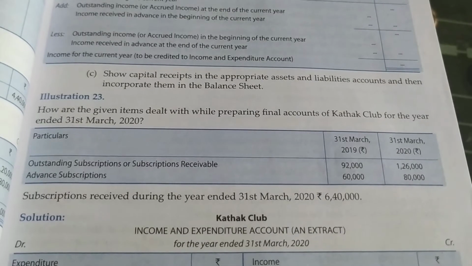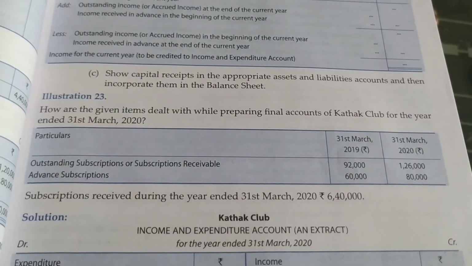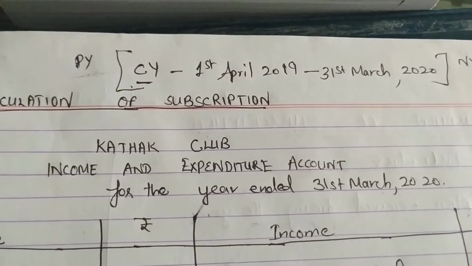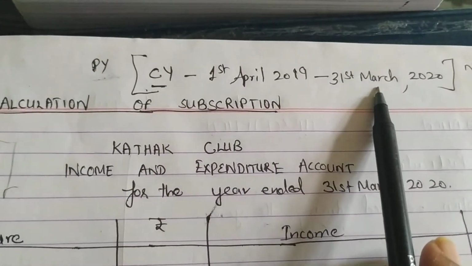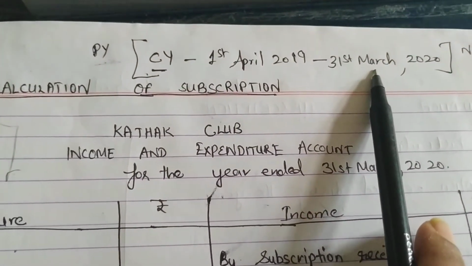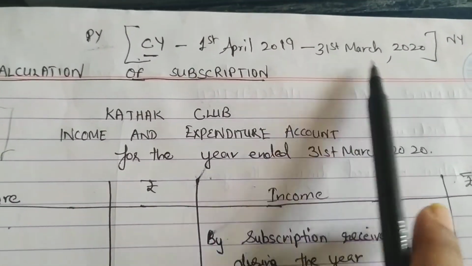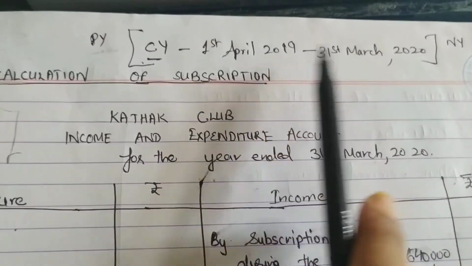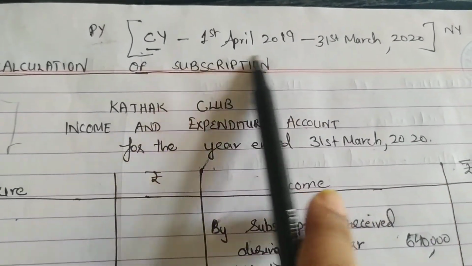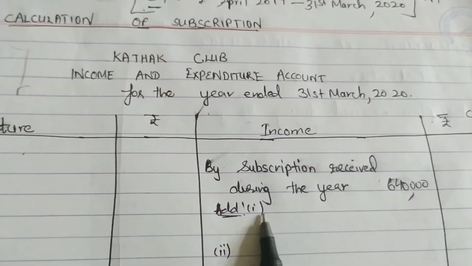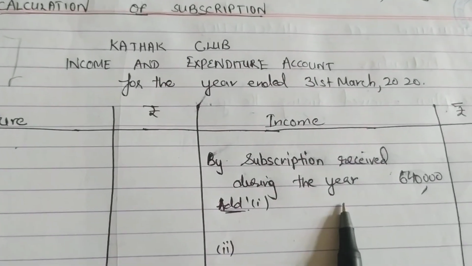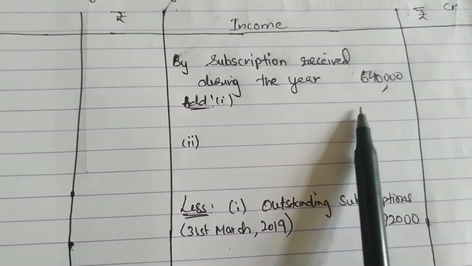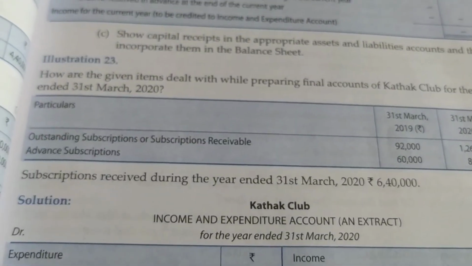This amount is pending for the current year, ended 31st March 2020. So if the amount is outstanding here, it is related to the current year. So we will add outstanding subscription on 31st March 2020, 1,26,000, here.